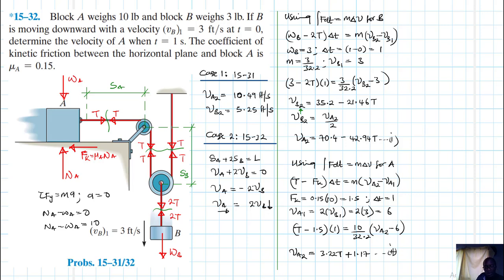Now these are the two equations. Mind you, we solved a similar one in the previous video.